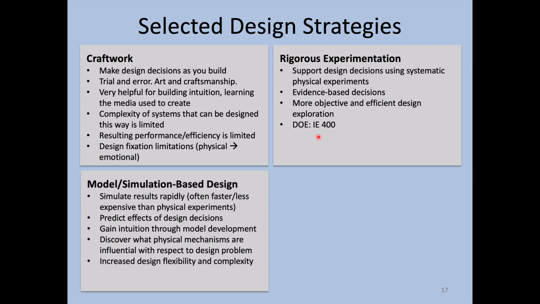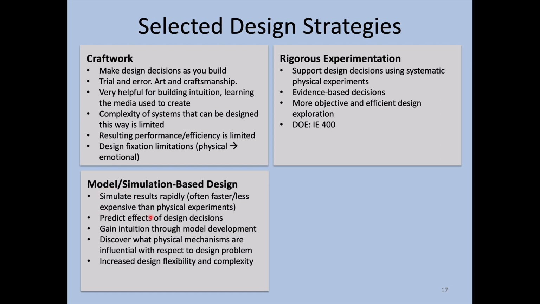Here's another category that's another step up in sophistication, but it requires additional investment. And something that's really been a boon to engineering is the rise of computer-based models or computer simulations that help us to fairly rapidly predict the behavior of a system and do it pretty accurately. So things like finite element analysis or computational fluid dynamics or computational heat transfer.